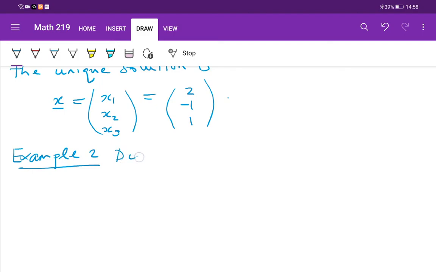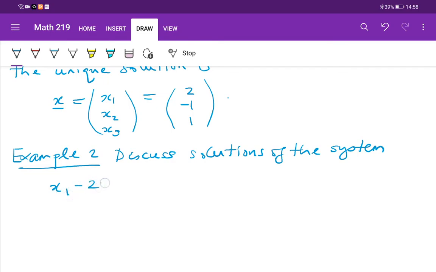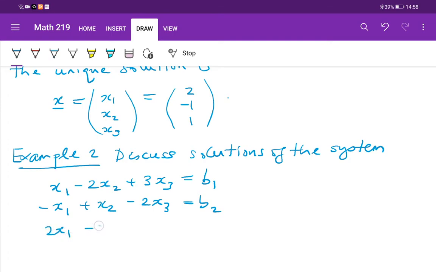So let's discuss solutions of the system. x1 minus 2x2 plus 3x3 is equal to b1, minus x1 plus x2 minus 2x3 is equal to b2, 2x1 minus x2 plus 3x3 is equal to b3.